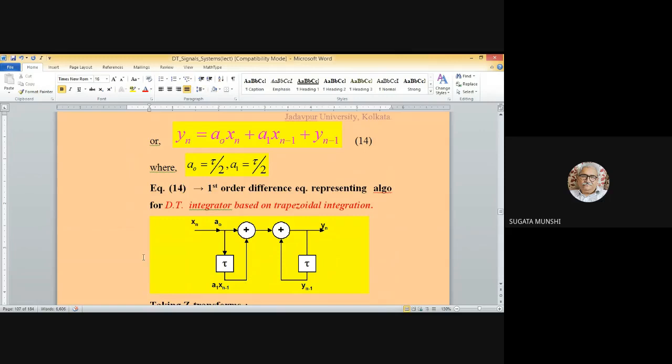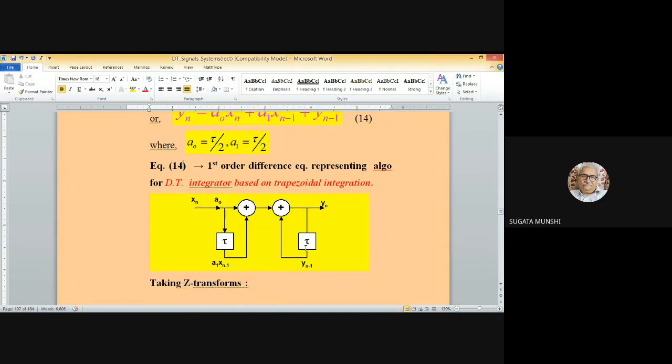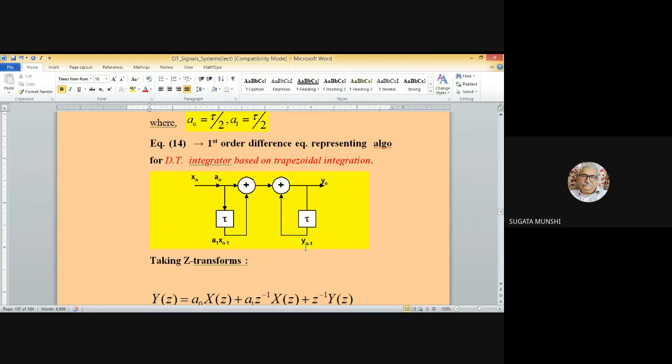So I am not narrating how the computation is going on because I have already pointed out. You must be able to understand on your own, starting from n equal to 0, how the computation is progressing. In this case, if you take the Z transform of both sides of the difference relation representing the integrator, you come up with another transfer function of the discrete time integrator.